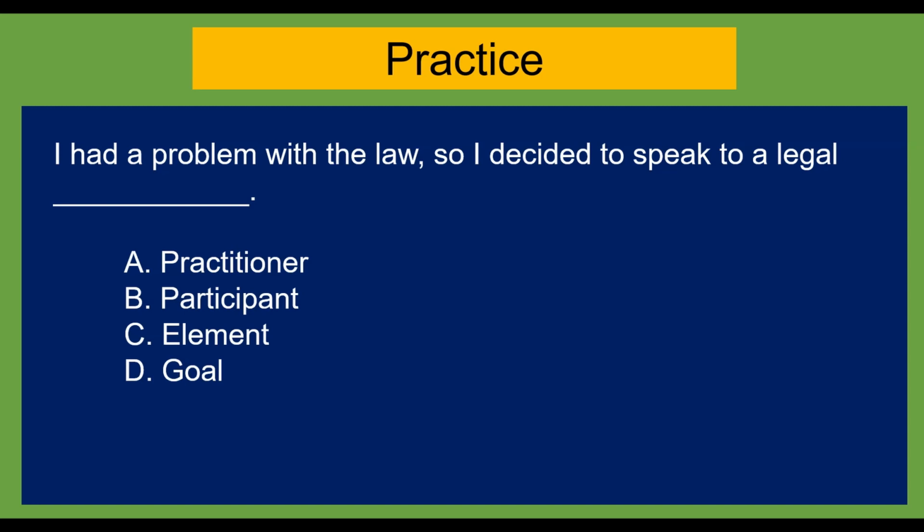Based on the sentence, the blank needs to be filled with a noun for a person. Only 2 choices are nouns for people in this one, practitioner and participant. Practitioner is the correct answer here because that means somebody who practices something.